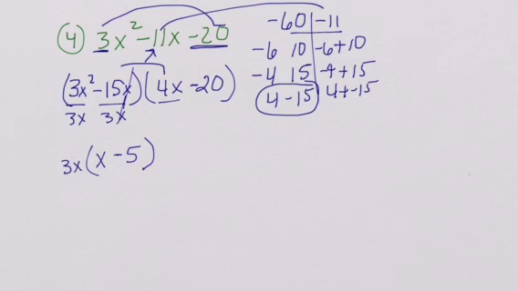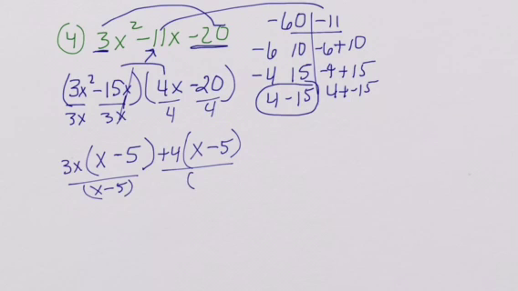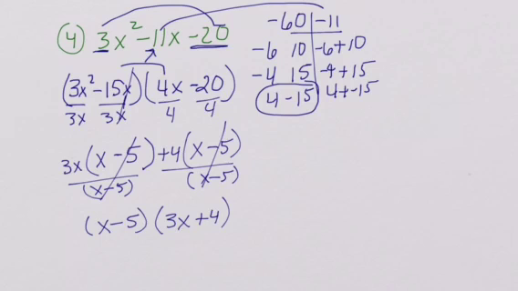All right, now I'm going to go ahead and take out my 4, and it's a positive 4, and that's going to leave me with x minus 5. So now they both have an x minus 5 in them, so I'm going to go ahead and take that out. So x minus 5, and when that cancels out, that leaves me with a 3x, and that cancels out, and it leaves me with a 4.